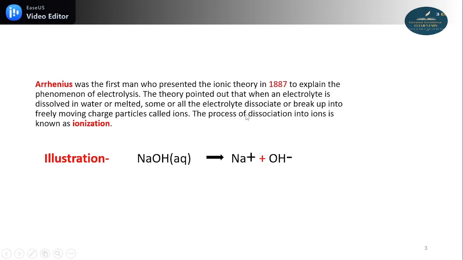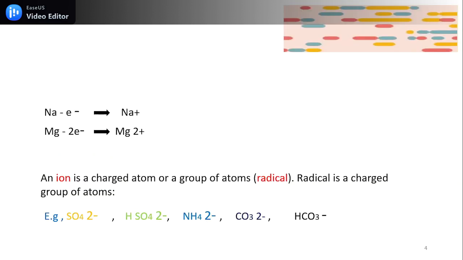Some or all the electrolytes dissociate, or break up, into freely moving charged particles called ions. And the process of the electrolytes dissociating into ions is known as ionization.